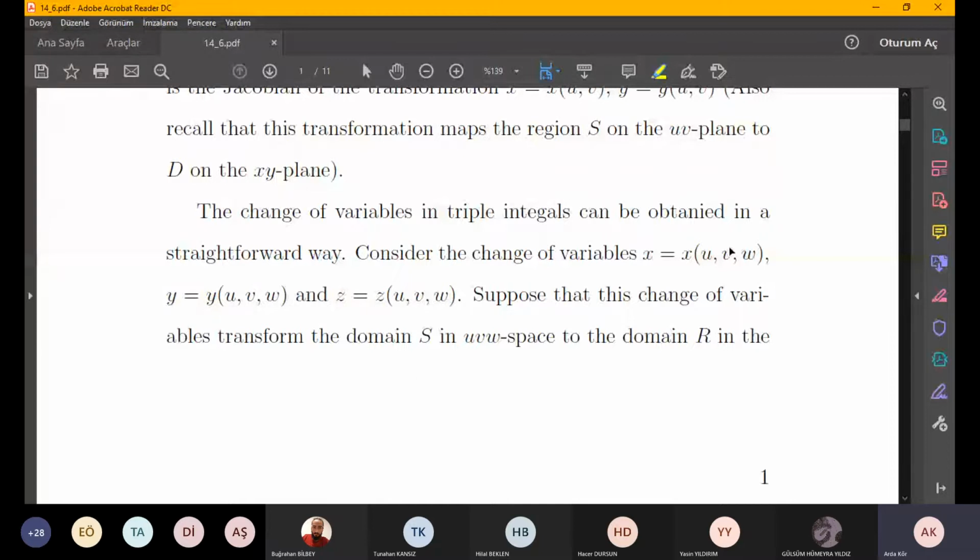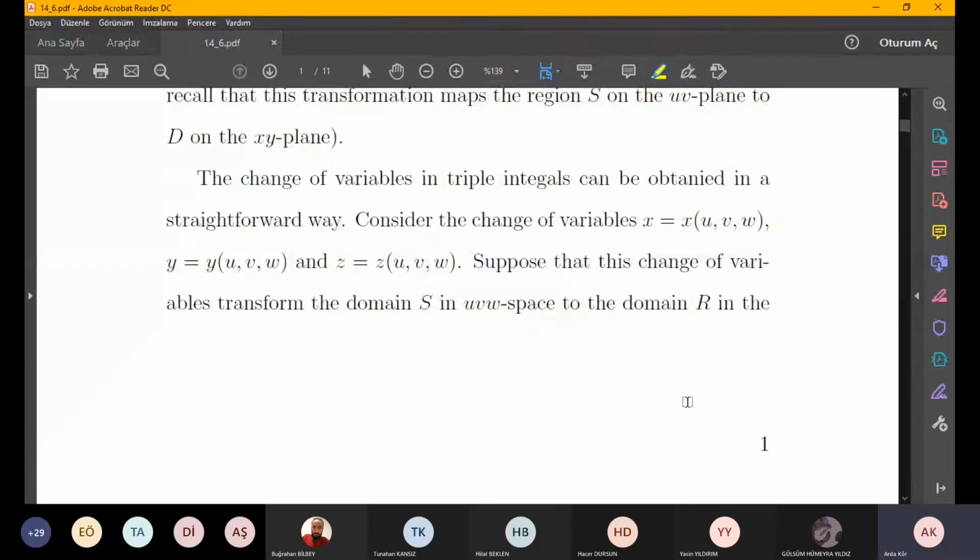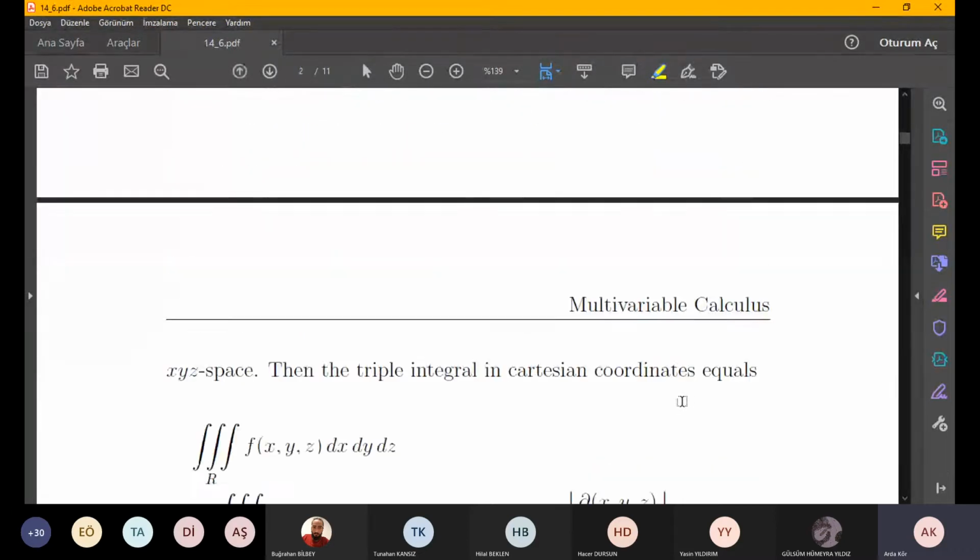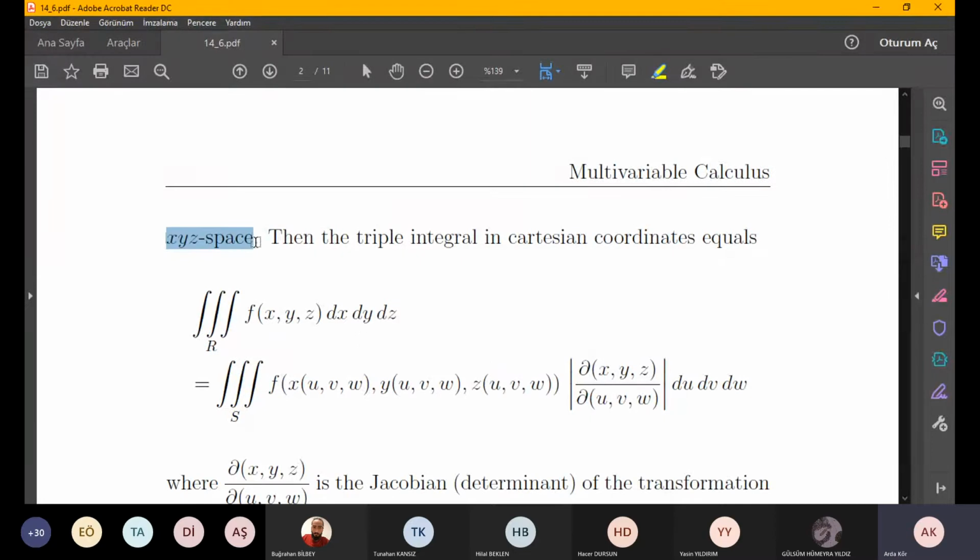Supposing this change of variables transforms the domain S in the uvw space to the domain R in the xyz space, so in R^3.